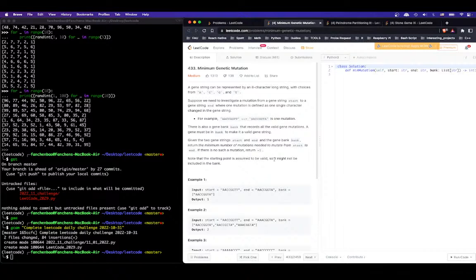Yeah, this is the same as the other one, the jumping, right? The word ladder. So I'd expect we can solve it using similar methods. But you have to go through whatever is inside the bank, right? Otherwise, it's not a valid mutation.